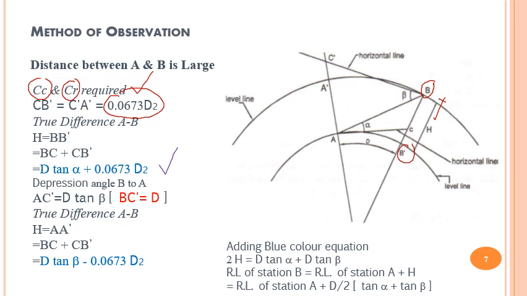The true difference A minus B, H, is equal to AA dash, which is equal to BC plus CB dash, that is D tan beta minus 0.0673 D squared. We use the minus sign here and the plus sign there: here the angle is an angle of depression, and there an angle of elevation. Due to that, we add in one case and deduct in the other.